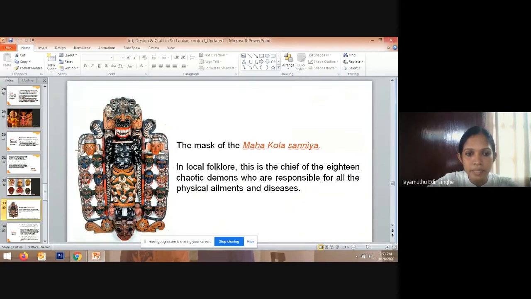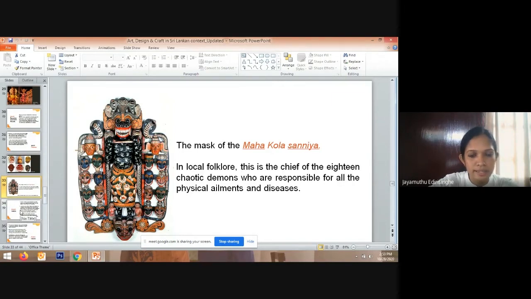All these 18 Sannis are there in the same Mahakola Sanni mask. We consider that Mahakola Sanni is the one responsible for all these physical and mental diseases. That's why we have depicted all the disease masks here in the same Mahakola Sanni mask, which is considered the chief of these.